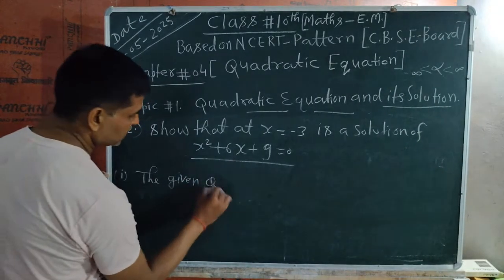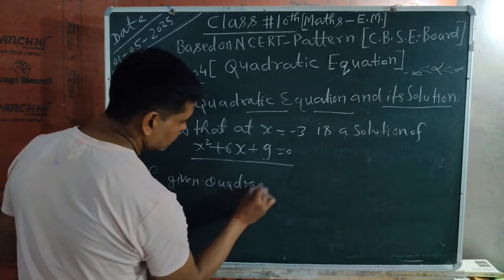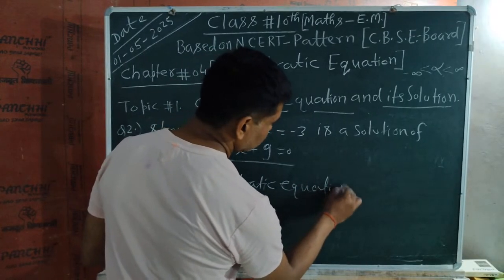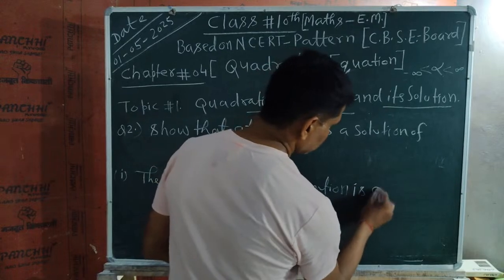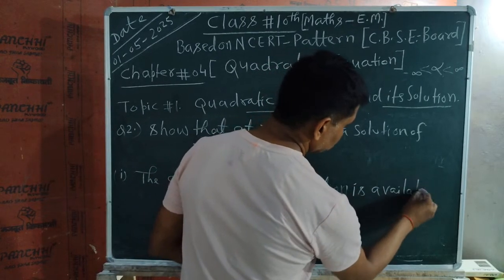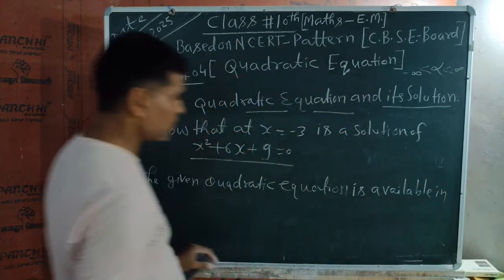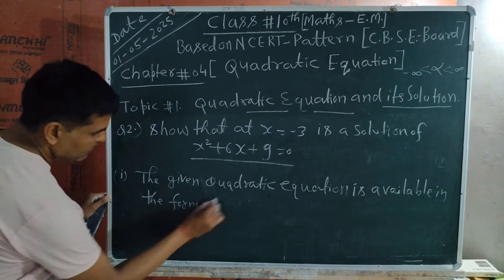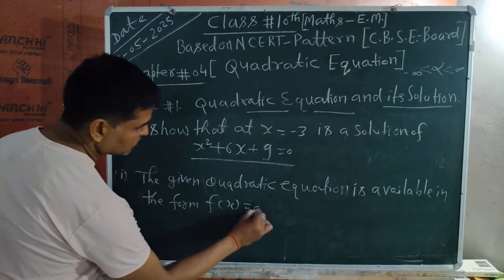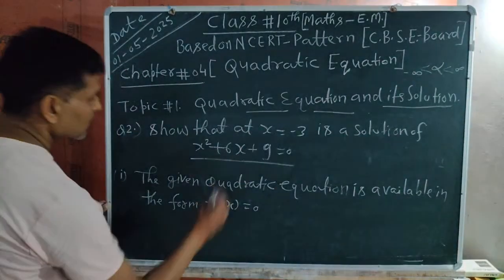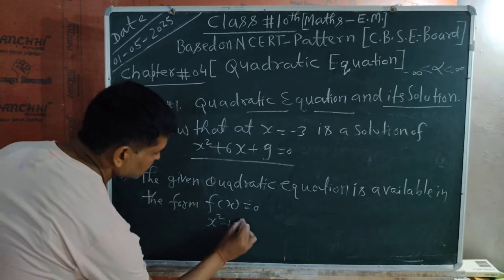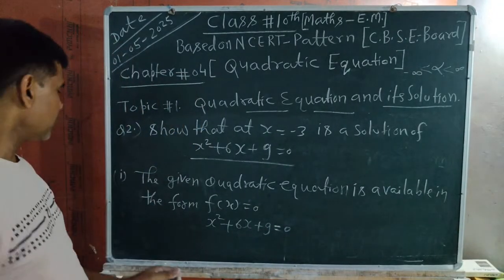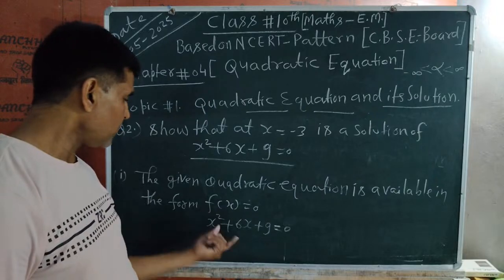The given quadratic equation is available in the form f of x is equal to 0. In other words, the quadratic equation given is x square plus 6x plus 9 equal to 0. That is given in this part. Now in the second step, I will say f of x is equal to this much.